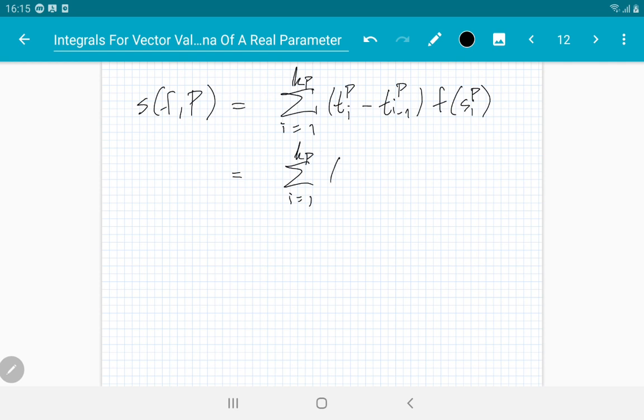So this is t^P_{j_i} minus t^P_{j_{i-1}} times f(s_i^P).